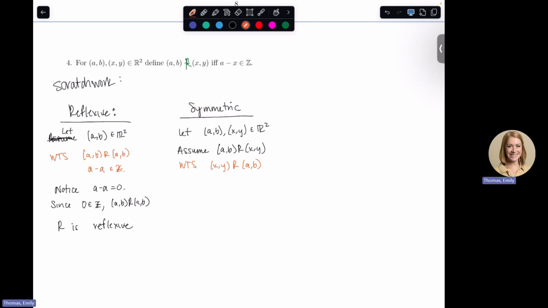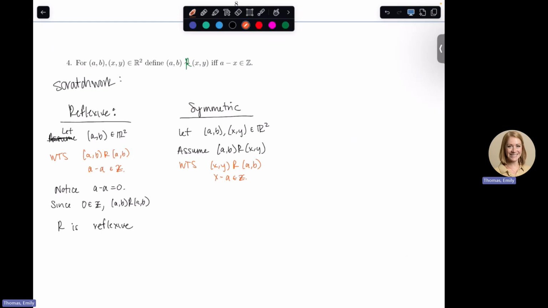Look at me. AB is related to XY if A minus X is in Z. Okay. So how would we know if XY is related to AB? Yes, X minus A is in Z.